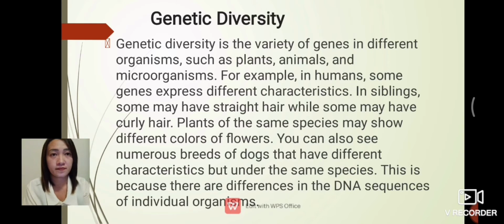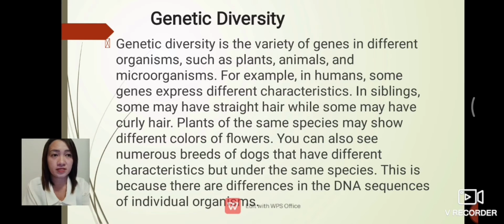Genetic diversity is the variety of genes in different organisms, such as plants, animals, and microorganisms. For example, in humans, some genes express different characteristics. In siblings, some may have straight hair, while some may have curly hair.